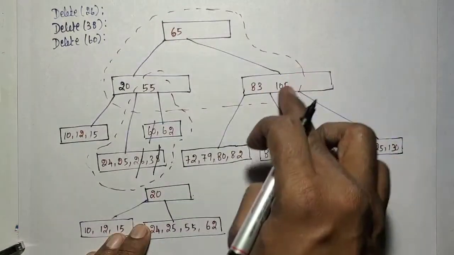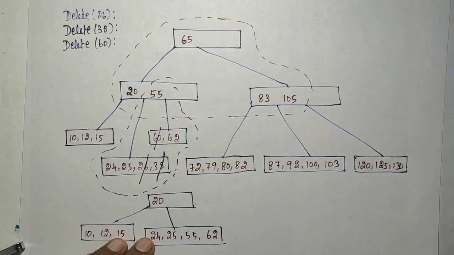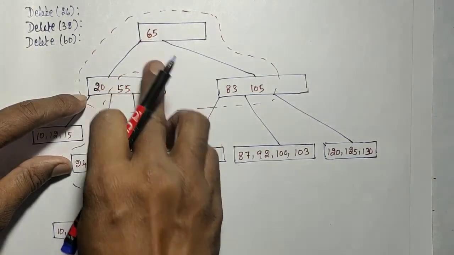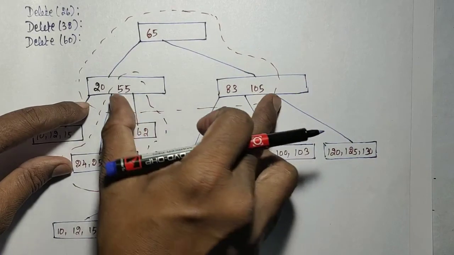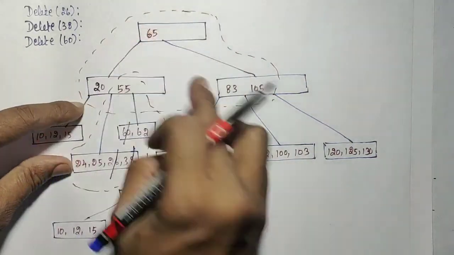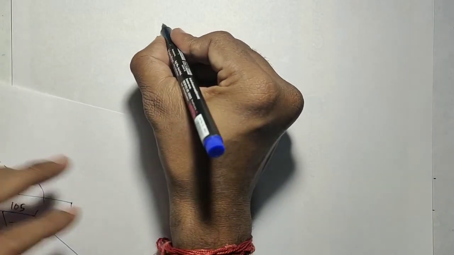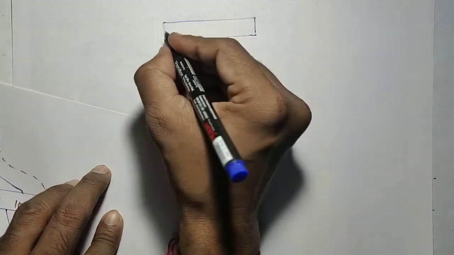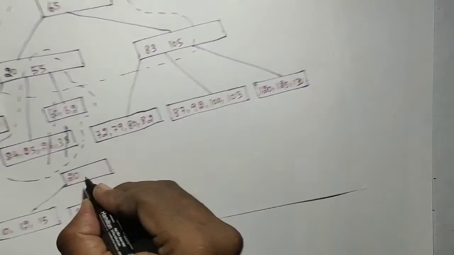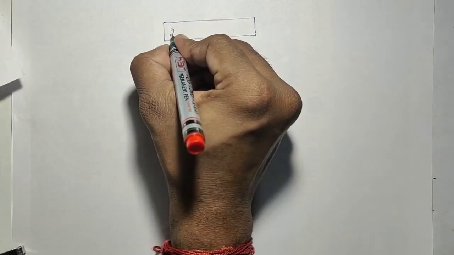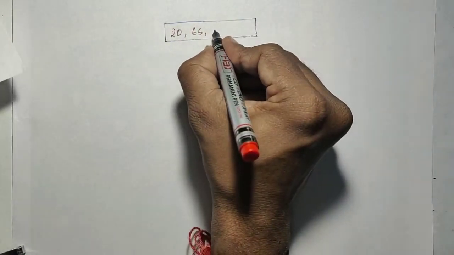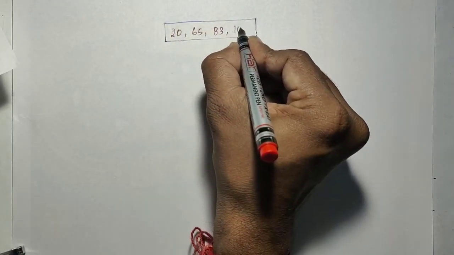So after merging this, that is 20, 65, 83 and 105, that is becoming a root because this is getting deleted. So the root is having now 4 elements. One is that 20 and 65 and 83 and 105.